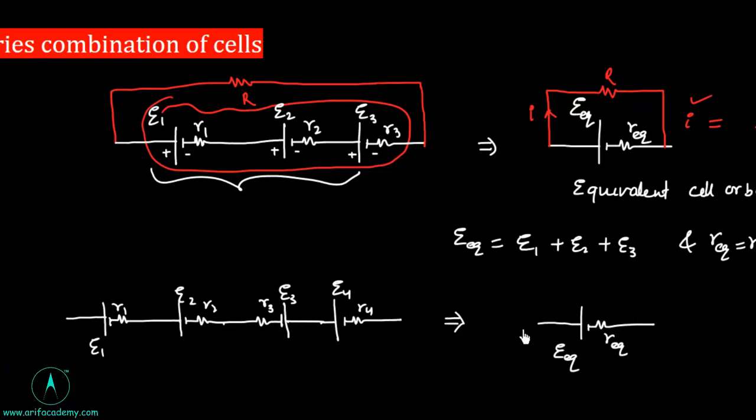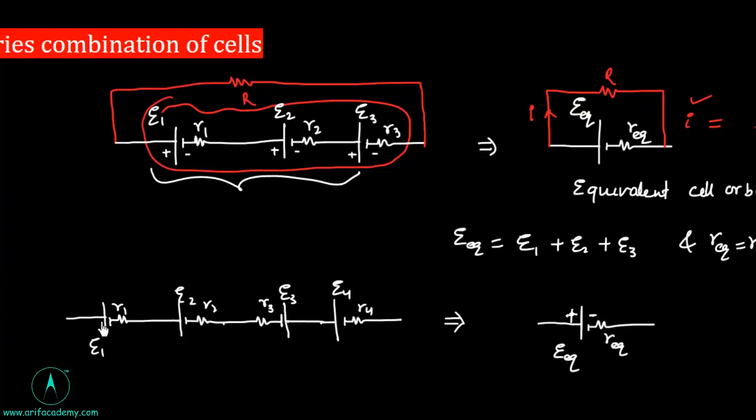So you see the polarity of the resultant cell. On the left side we have shown the positive terminal, so the positive terminal is on the left side in the resultant.